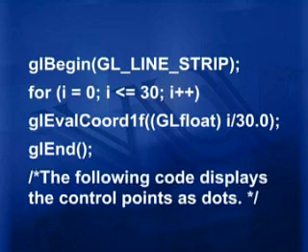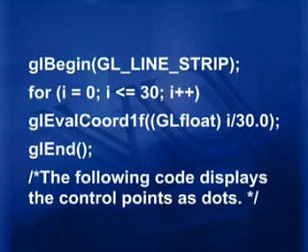We call glEvalCoord1f, and it is passed as parameter a value of i over 30, with i of course typecasted as GLfloat in order to appropriately match the requirement of the float version of this function, glEvalCoord1f, and then glEnd of course.